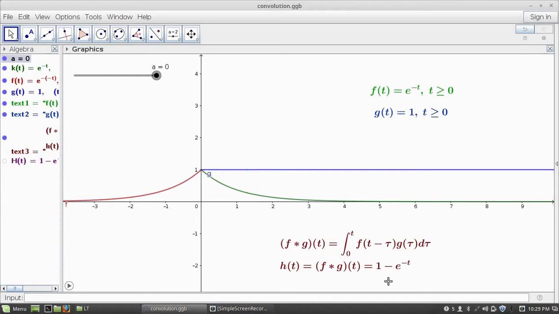We can see that 1 minus e raised to minus t is the function. This is the graph of 1 minus e raised to minus t, and this is the third function. So the first function is f(t) equal to e raised to minus t, the second is the constant function 1, and that will generate a third function. See how this third function is generated. First of all, we are translating this flipped f(t) over the second function.